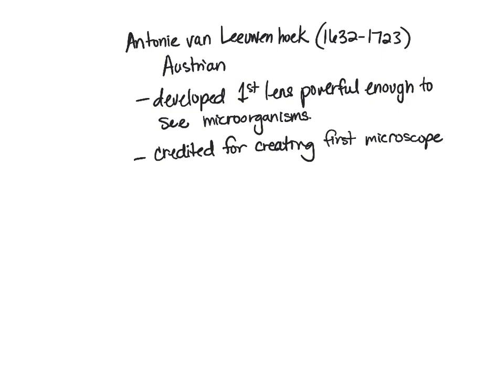And then what he did was he took a look at a drop of rainwater, and he saw things floating around in it. We know now that was bacteria and protists, but back then he saw all these little single-celled organisms.